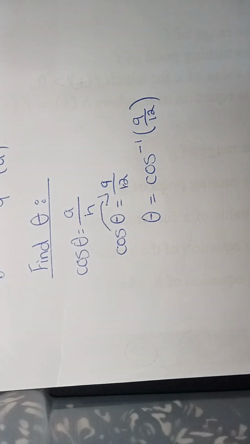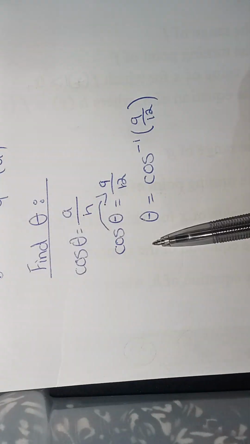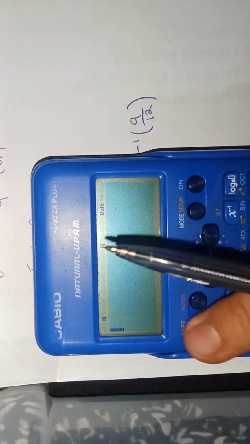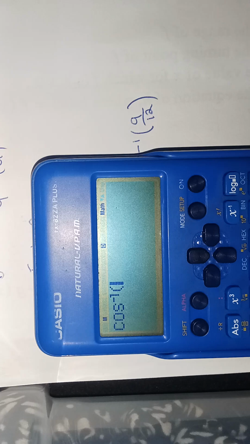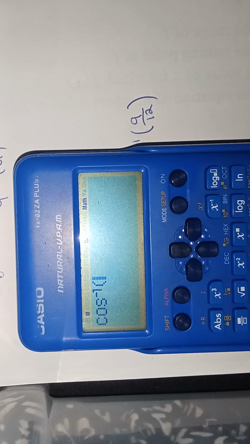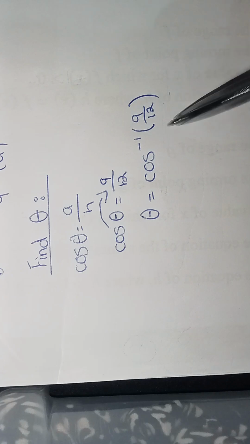Why cos to the power -1? Because when you take your cos over, you're going to say shift cos, and look at that, it gives us a power of -1, and you have to write this down. This is a must.